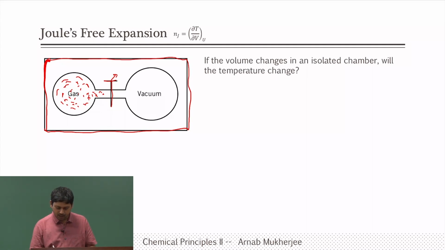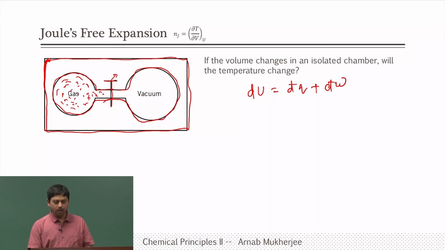We know from the first law of thermodynamics that dU equals dq plus dw, right. Now I said that the system is an isolated system. So basically this whole chamber is isolated, which means our dq is going to be 0. There is no exchange of heat going in or coming out.